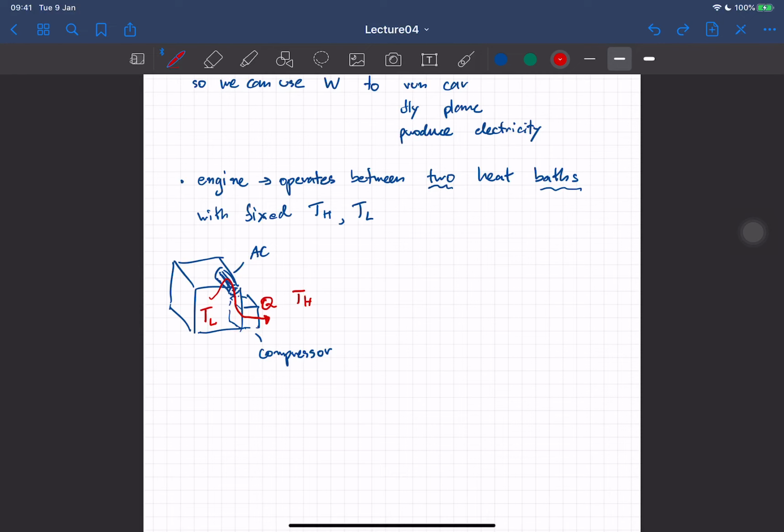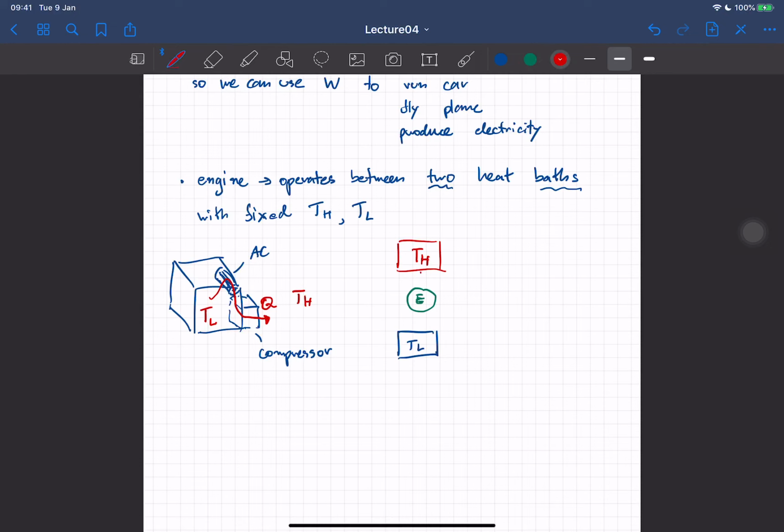But anyway, because of this, every time we want to draw a diagram for a heat engine, we're gonna draw it in this way. So we're gonna have a heat bath, which is high temperature, denoted by something like this. And then we're gonna have the lower temperature side, which is TL, low temperature. And we have the engine in between, the heat engine in between. And the way it works is this.